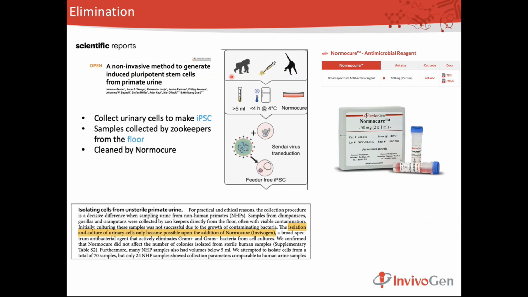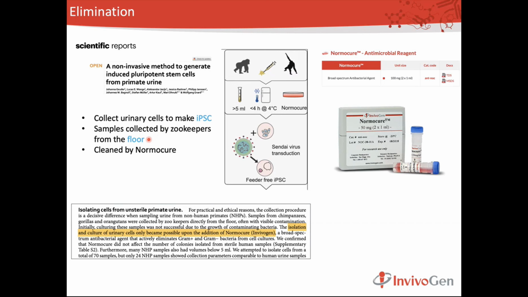They tried to study non-human primates like chimpanzees and monkeys, and they wanted to get urinary cell samples from chimpanzees, monkeys, or gorillas. Due to practical and ethical reasons, it is quite hard to find an easy way to collect the urine samples from these non-human primates. What they originally planned was to collect the urinary cells to make iPSC, but then they couldn't find a proper way.